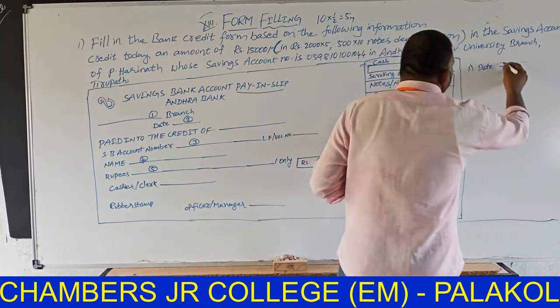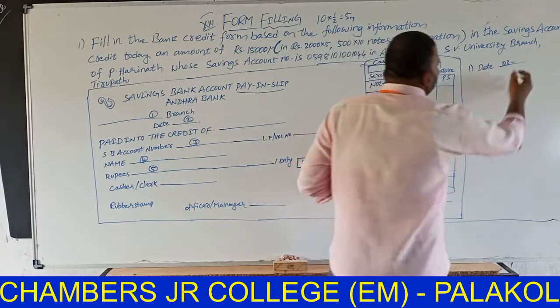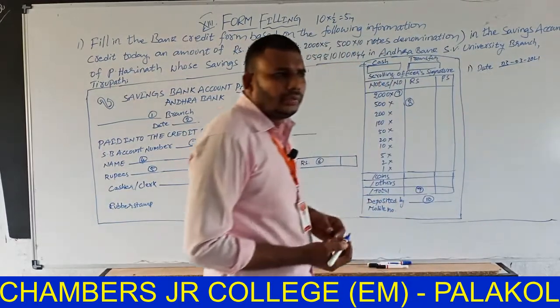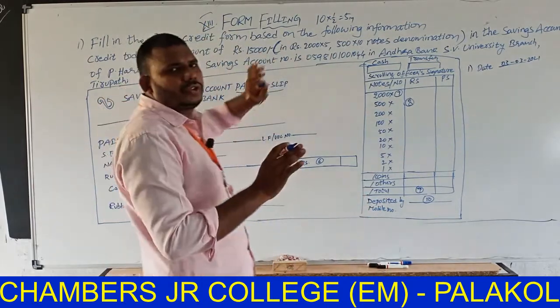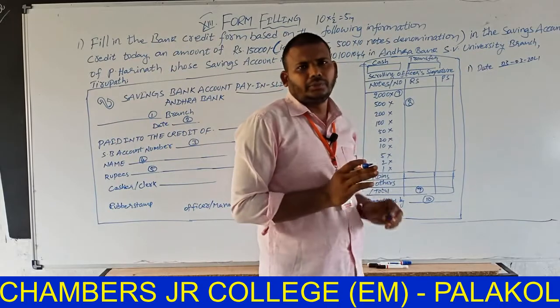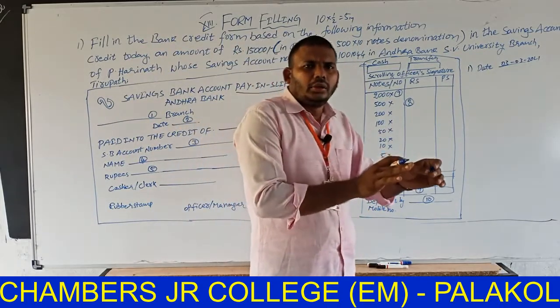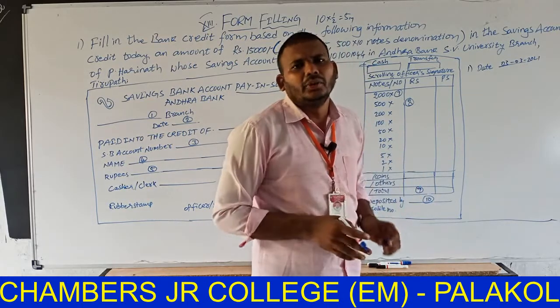If a particular date is mentioned in the question, you just write the same date. If it is given as today, you can write the date on which you write the examination.